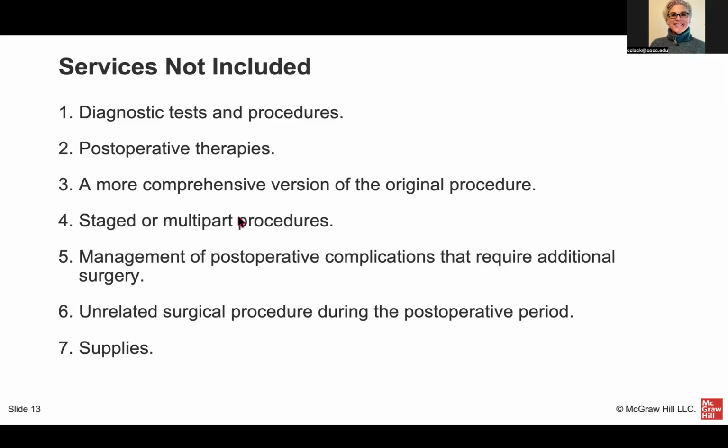Any unrelated surgical procedure performed during the post-op period of another surgery would get its own code with a modifier 79. And of course, there's supplies. This one's interesting because supplies are included in the office setting, but when performed in a facility, the facility bills for supplies separately. When you see any of these in the documentation, you want to flag them because they warrant their own codes.